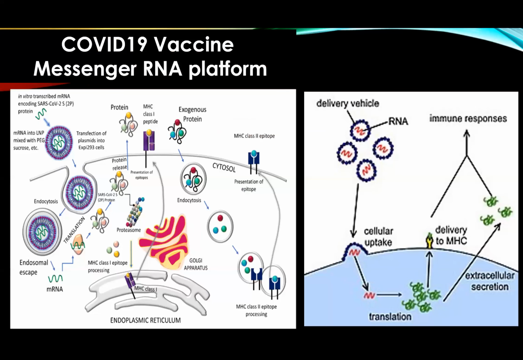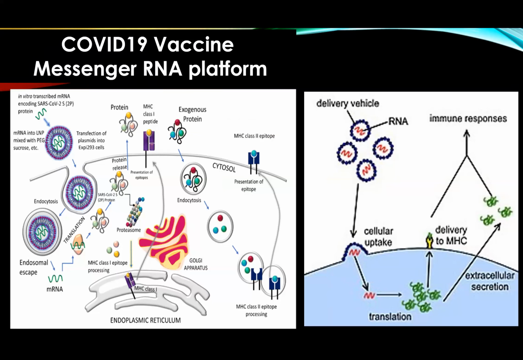I've quickly done a quick thing. You all know this one about how the COVID vaccine, the messenger RNA specifically, works. To your left you have the messenger RNA, which is placed in a lipid nanoparticle, mixed with polyethylene glycol and sucrose, and then gets into the body by endocytosis.